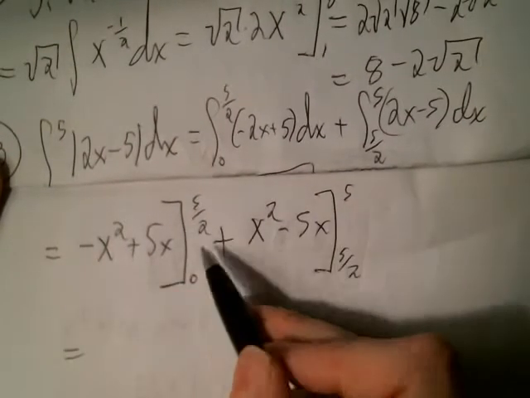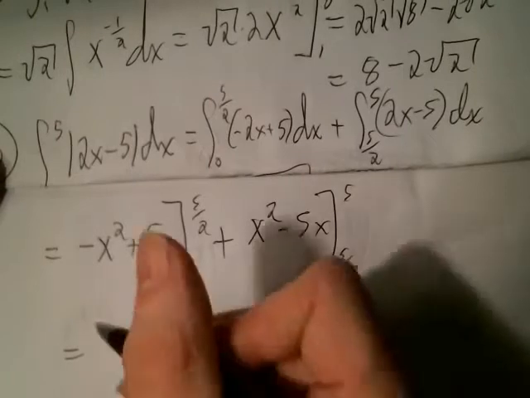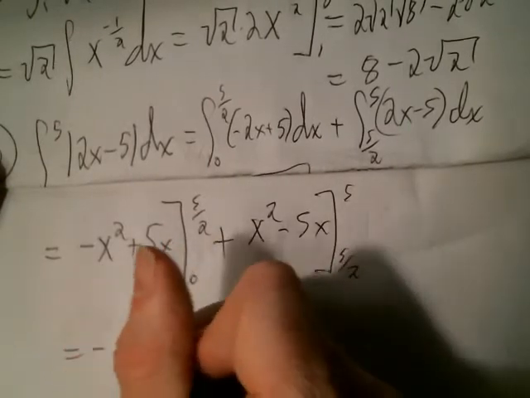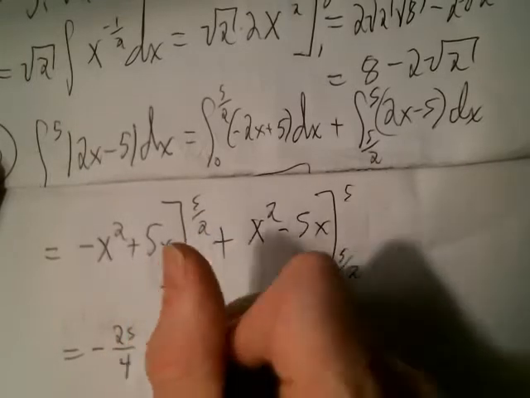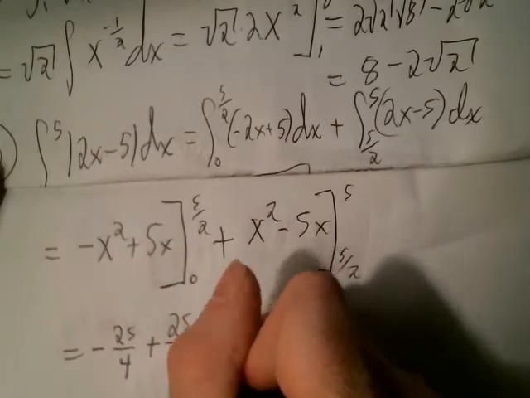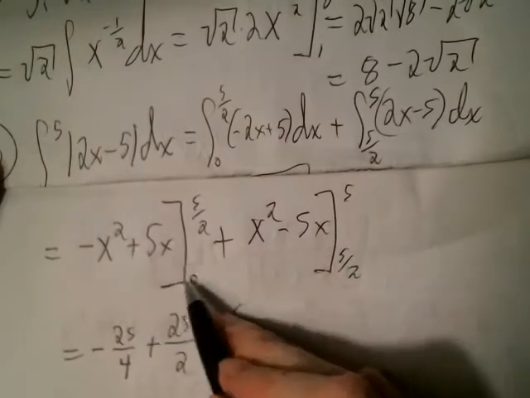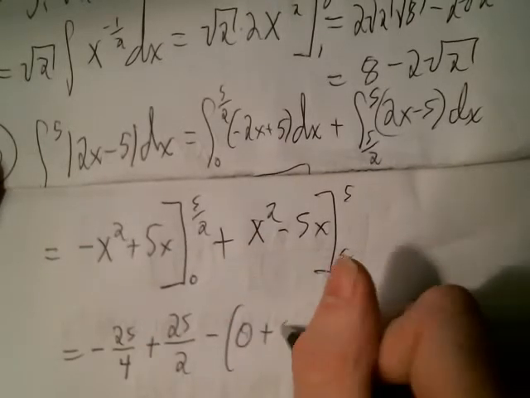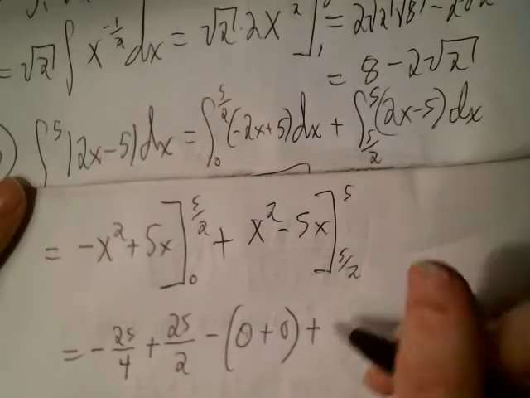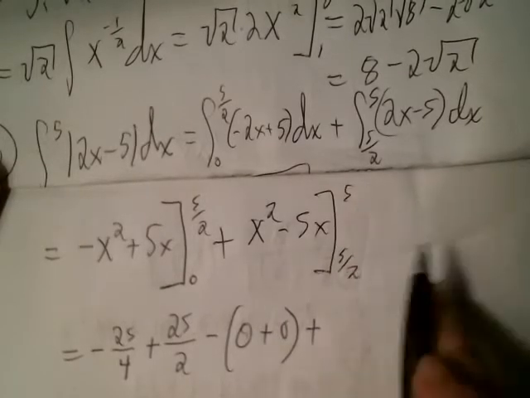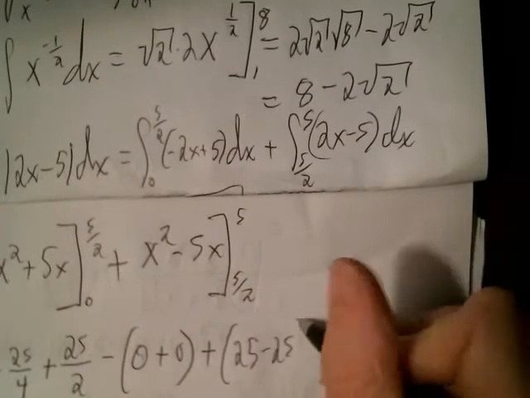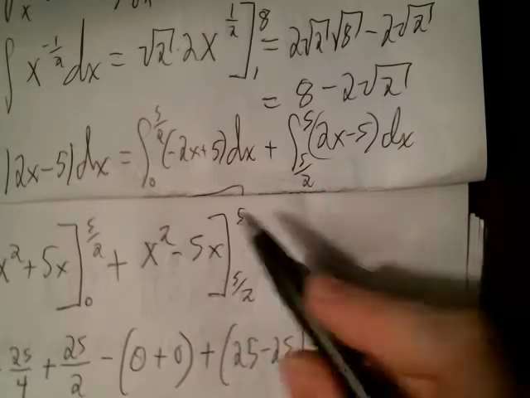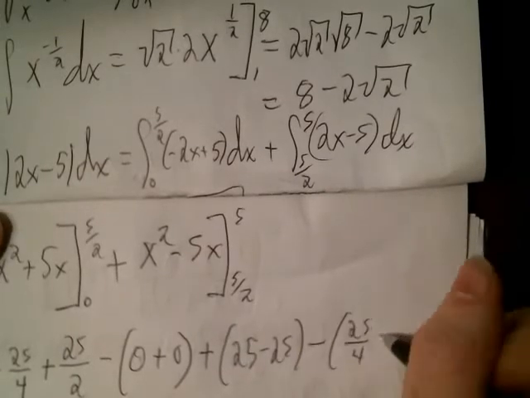And then I'm plugging these limits into the antiderivative, so 5/2 squared is negative 25/4, plus 5 times 5/2 is 25/2, minus, plugging in 0 for both of these, you just get 0 plus 0. And then plus, now I have to evaluate this thing at these guys. So I'll have 25 minus 25, and then minus, plug 5/2 into here, 25/4 minus 25/2.